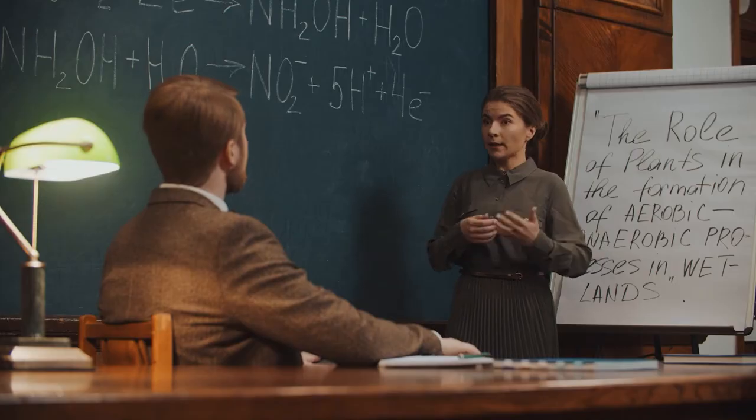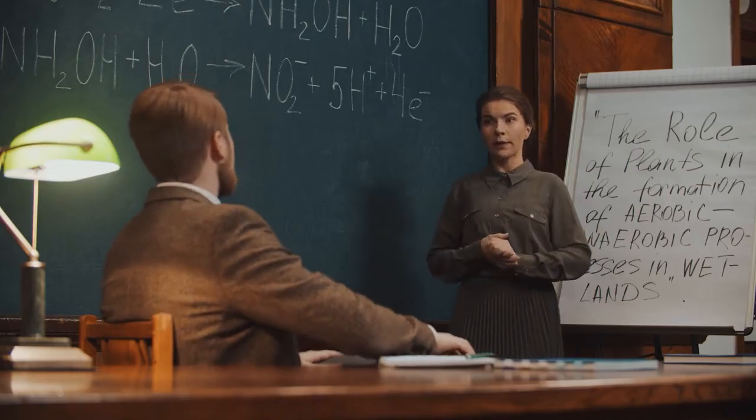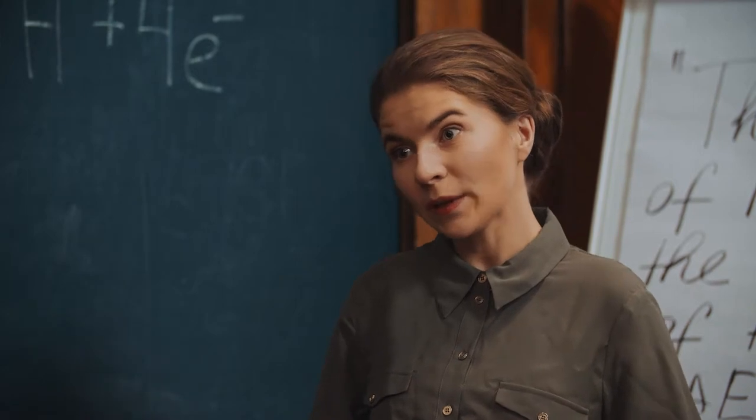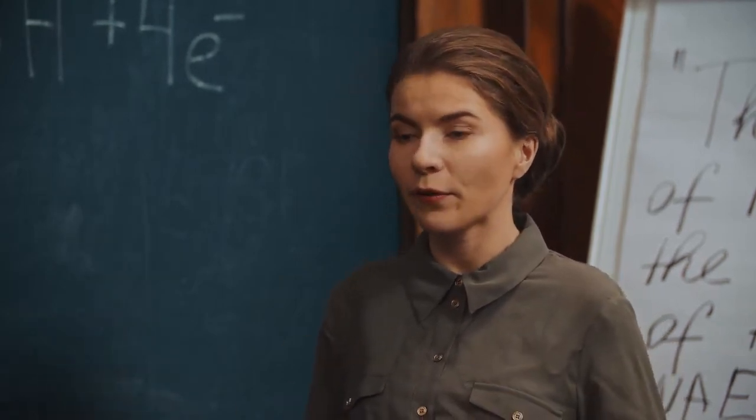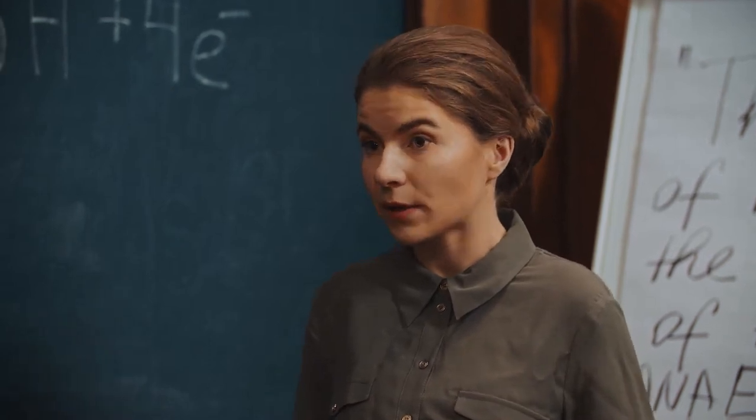Okay, Betsy, go ahead. To begin with, plants are photoreceptors. They produce oxygen during the process of photosynthesis. Ms. Doolittle, could you please clarify why we, wastewater treatment specialists, have to study aerobic and anaerobic processes? Because we, as wastewater treatment specialists, have to know everything about the microbial communities in constructed wetlands.